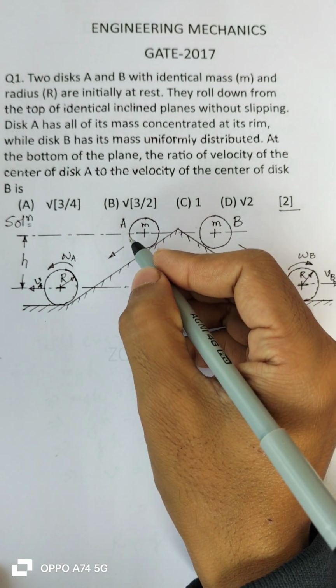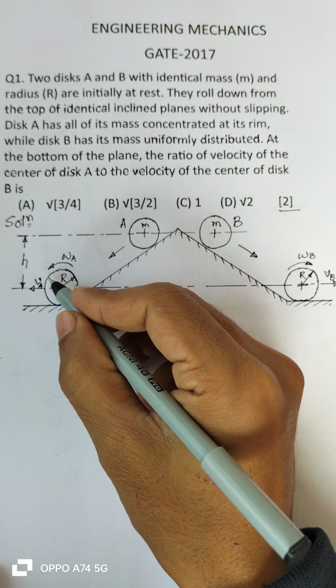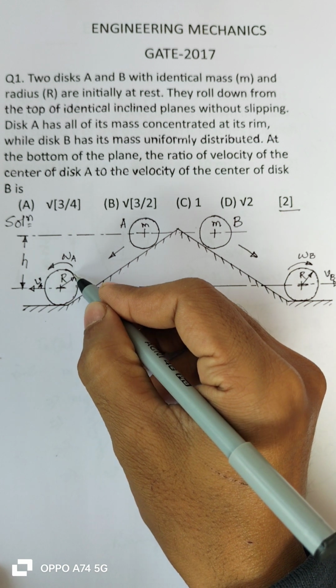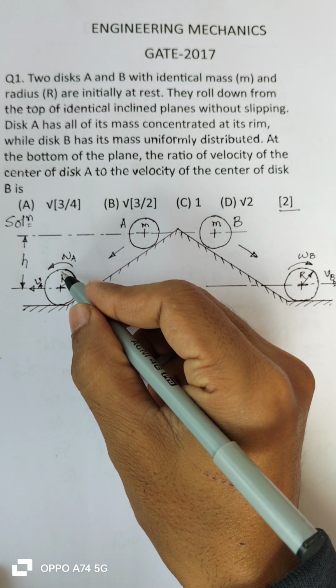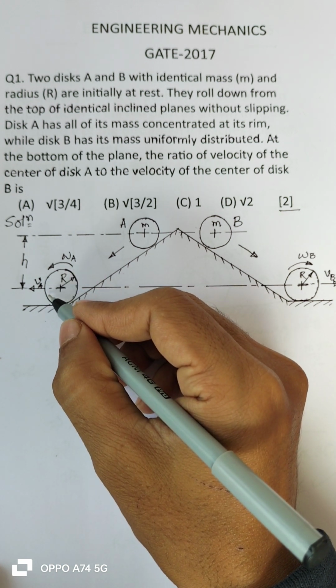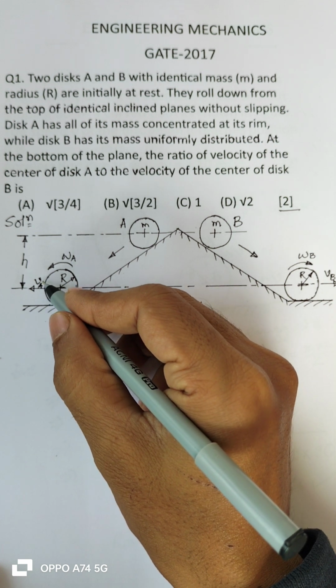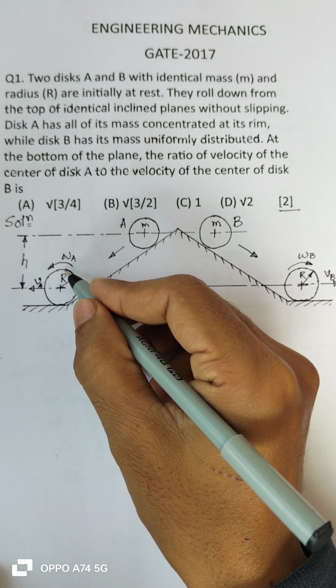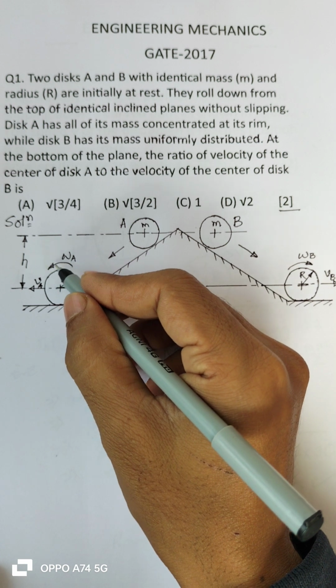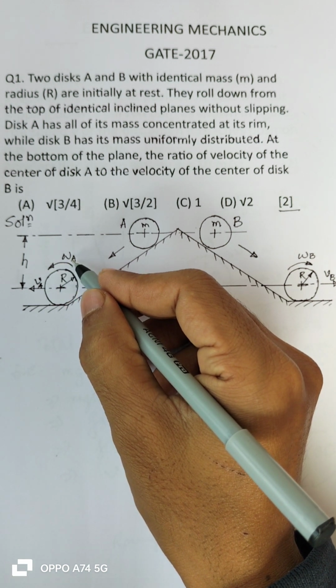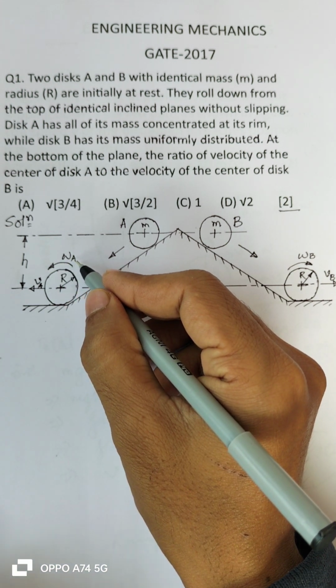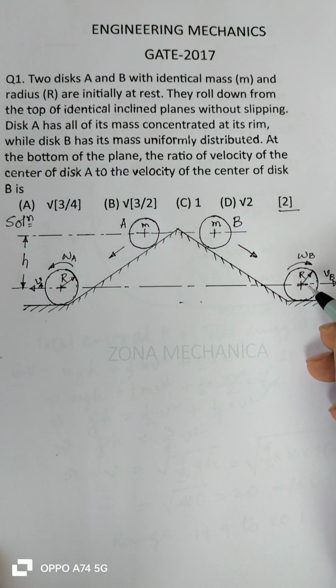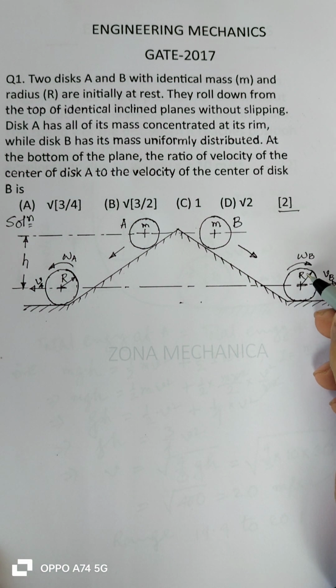Okay, let the linear velocity of the disk A at the bottom position be VA, and the related circular motion, that is the angular velocity, be omega A, and that of the disk B be VB, the linear velocity, and omega B be the angular velocity.